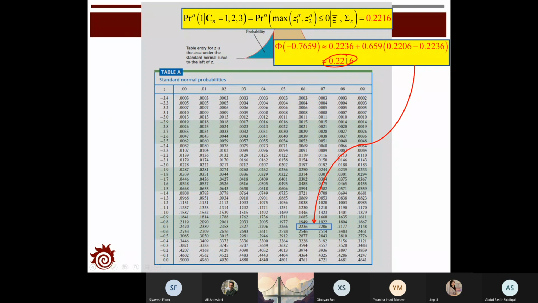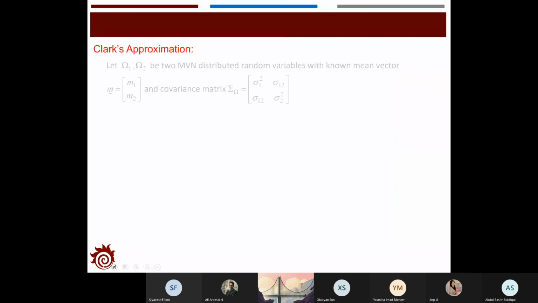And the Clark's approximation can also be extended to more than three alternatives or more than three variables. And here, let me show you how to do this kind of extension.